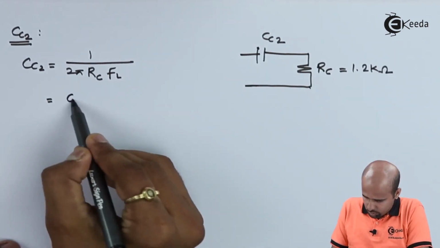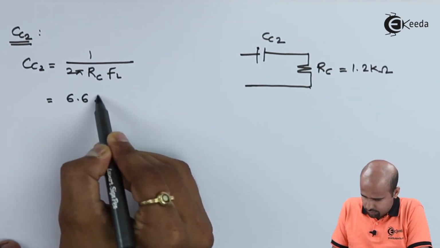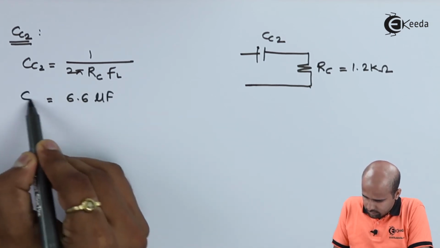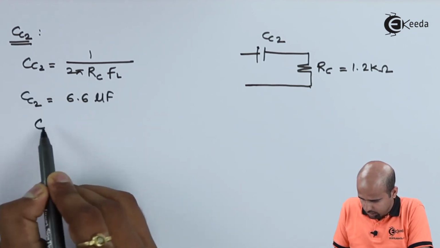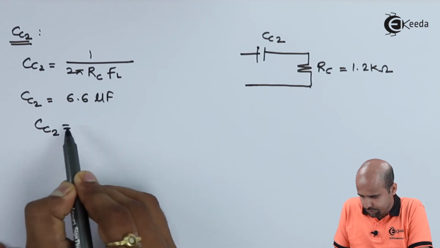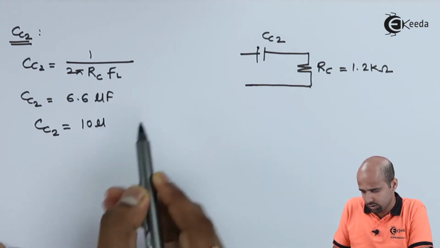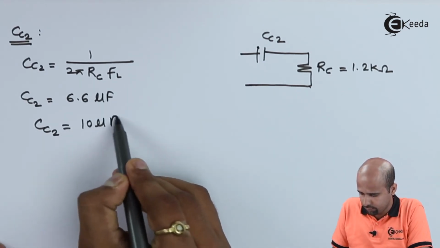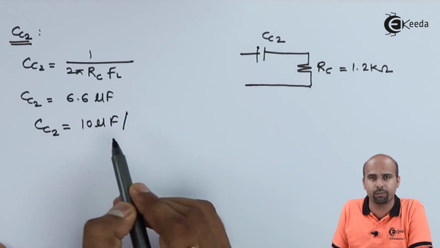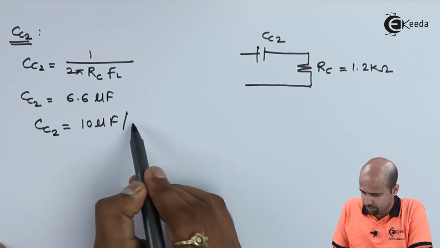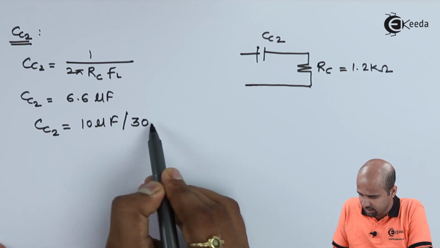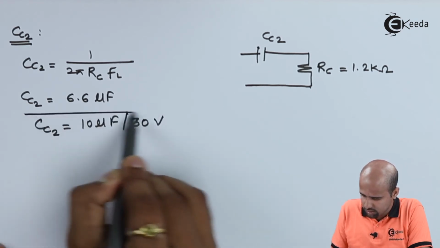This value is coming out as 6.6 microfarad. Again, this I will take on the higher side. So CC2 I will take as 10 microfarad. You can take 6.8 microfarad as well. So 10 microfarad by 30 volts.